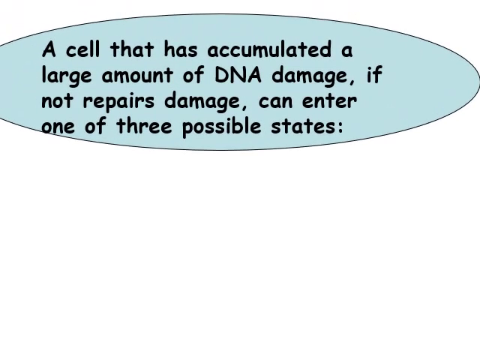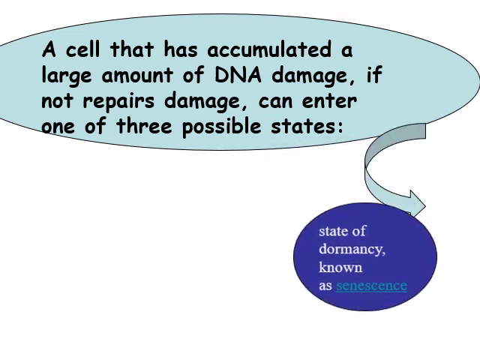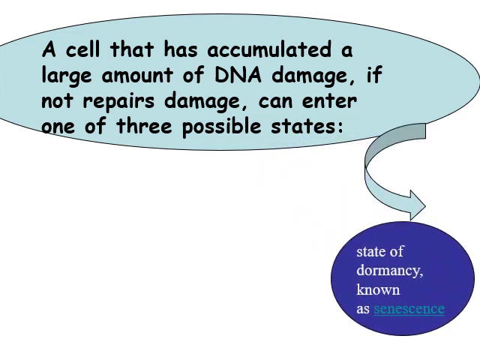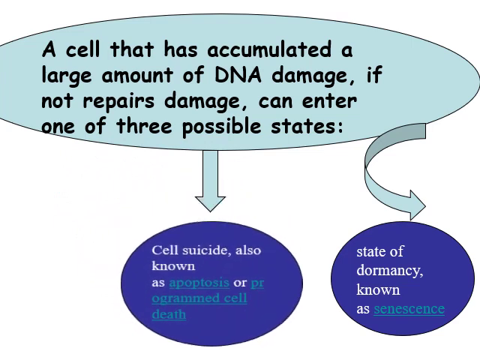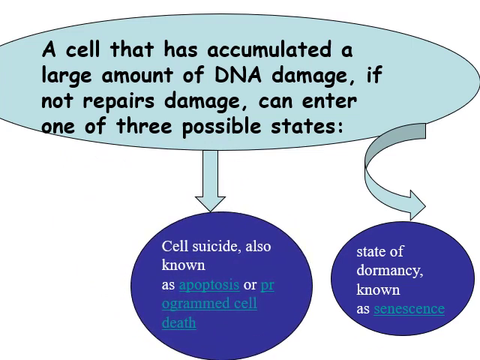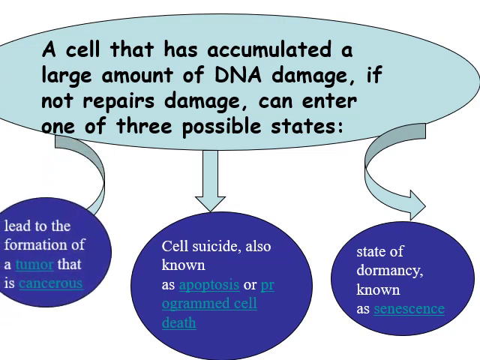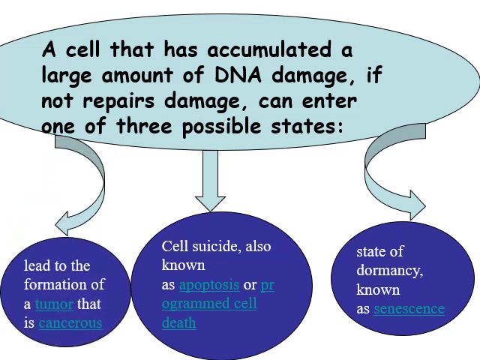A cell that has accumulated a large amount of DNA damage, if it does not repair the damage, can enter one of three possible states: either a state of dormancy, known as senescence, or cell suicide, called apoptosis or programmed cell death, or unregulated cell division that leads to the formation of a tumor or cancer.